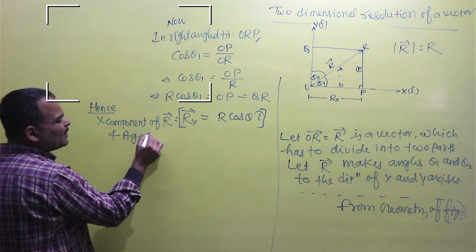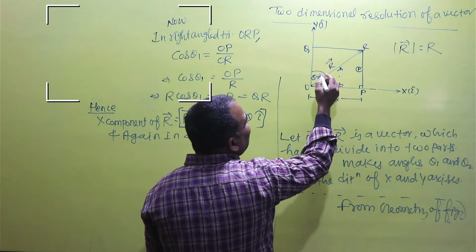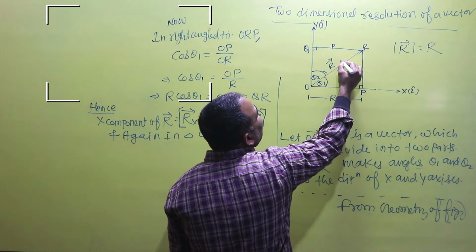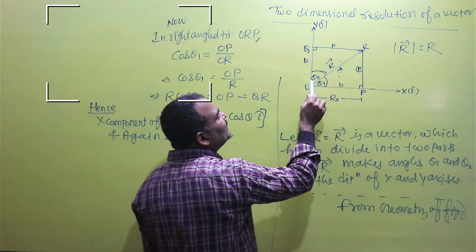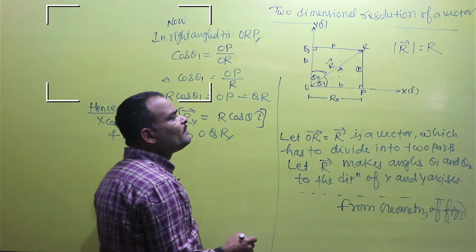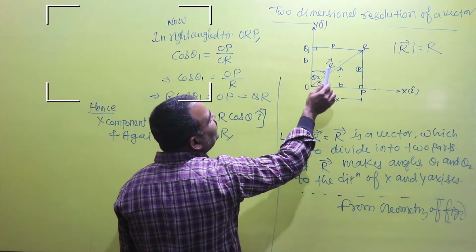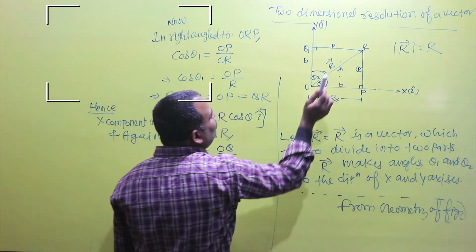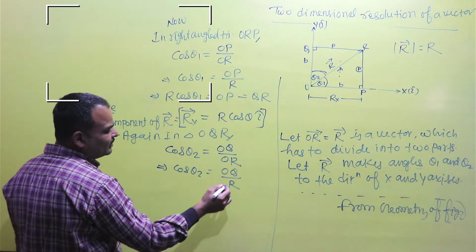And again in triangle OQR, now we take the triangle OQR and the front side of angle theta 2 we call P, and the front side to the right angle we call H, and the rest will be B. Since we have to determine the value of OQ which is B, we can combine B and H for formation of cos theta and take cos theta 2 is equal to B by H. It means OQ by OR, and OR is r.